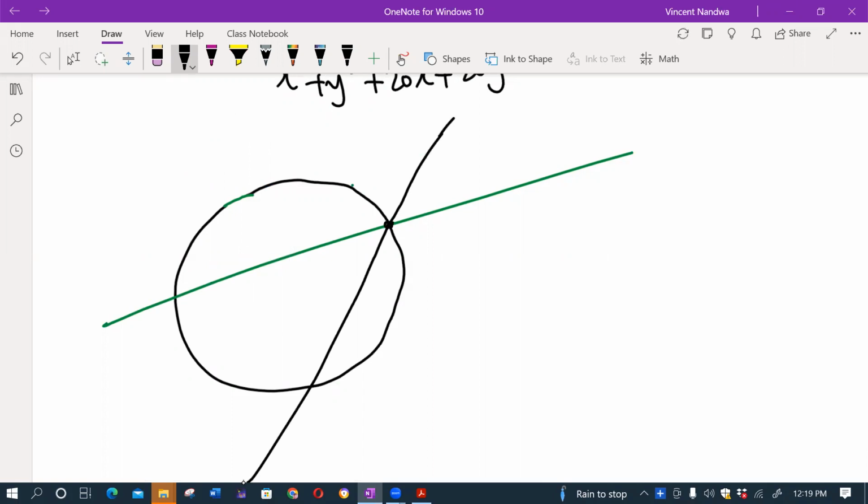So for this point of intersection, this is the line 4x plus y minus 27 equals 0, and 3x minus 2y minus 1 equals 0. And then we have an arbitrary center here, which is given by (2, 3).